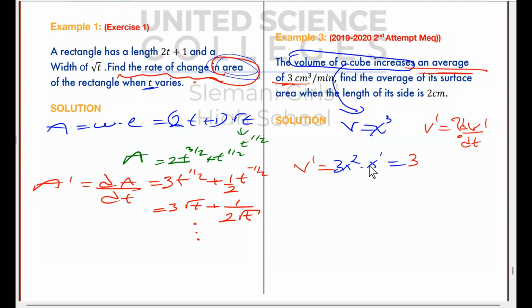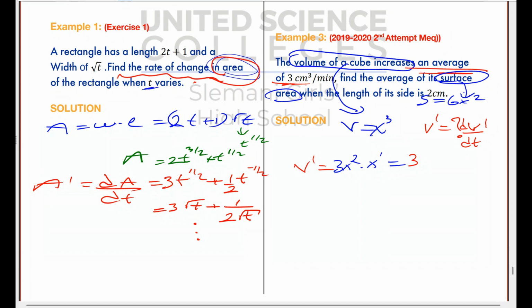We already know that. What else do we know? Find the average rate of surface area. Another formula comes. What is the surface area formula? If you remember from previous grades, it is 6x squared. The surface area formula is 6x squared.